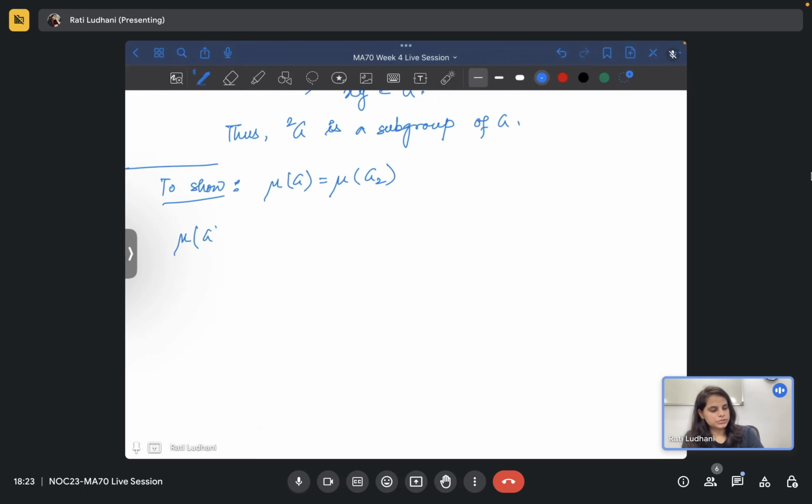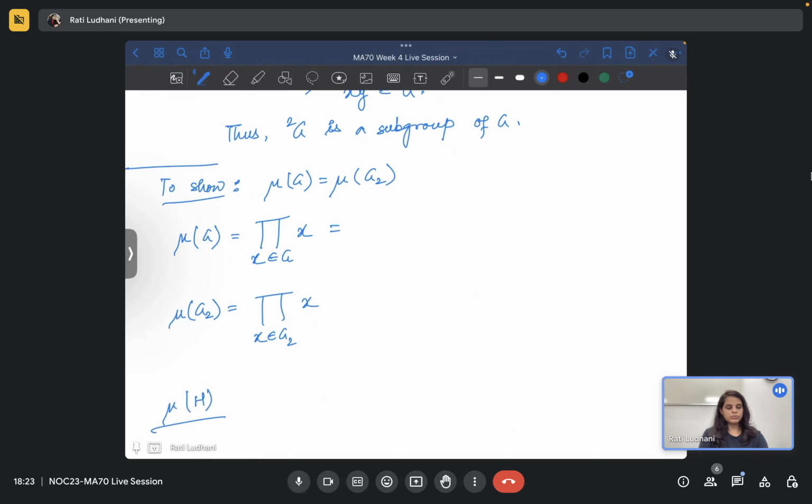So what is mu G? Mu G is the product over x belonging to G of x. So okay, what can I do? What is G2? G2 is all the elements of G2. So as I said, this is from the definition itself. So mu of any group is defined to be the product of all the elements of this group.